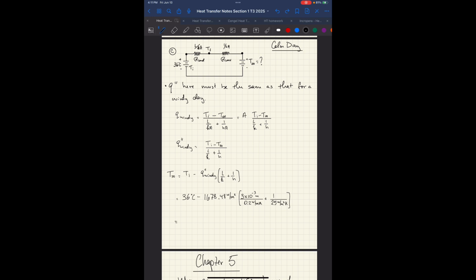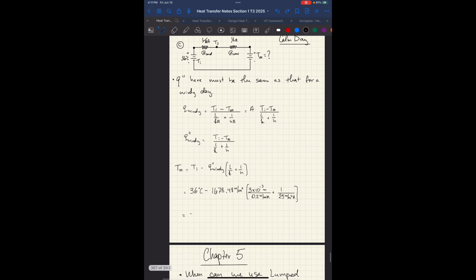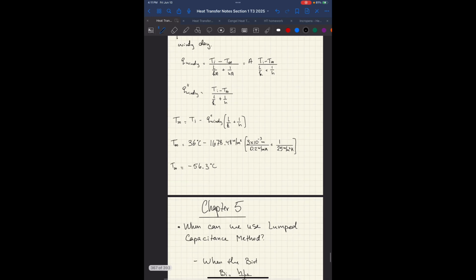I'm going to do 36 minus this answer. And I'm getting about negative 56.3 degrees Celsius. So it has to be really, really cold to get the same heat loss on a calm day.